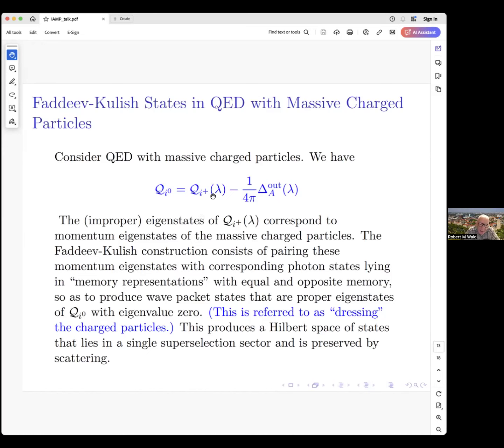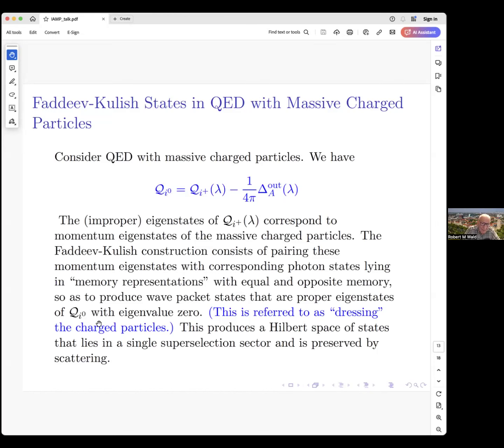So if you pair these two together to get 0, then you can take nice wave packet states of these momentum eigenstates paired with these memory states of the electromagnetic field to produce things that are wave packet-like in the charged particle wave functions, but they are true eigenstates of charge at spatial infinity with 0 eigenvalue.